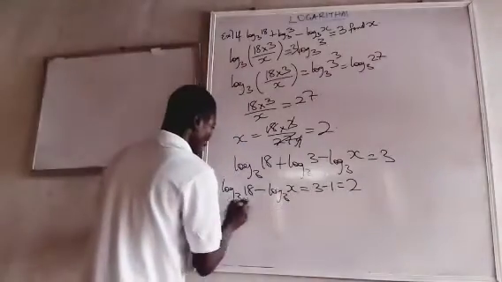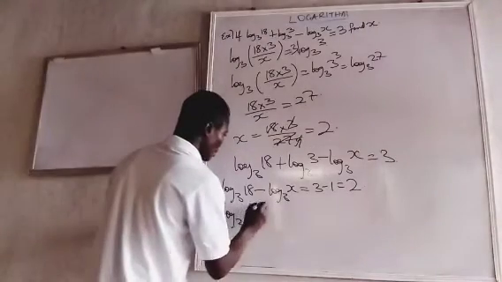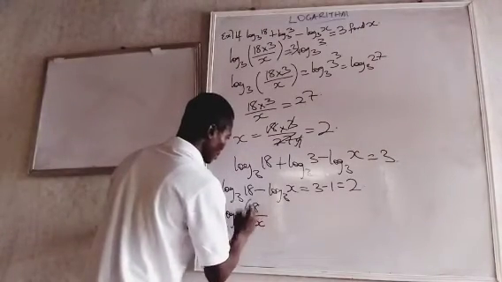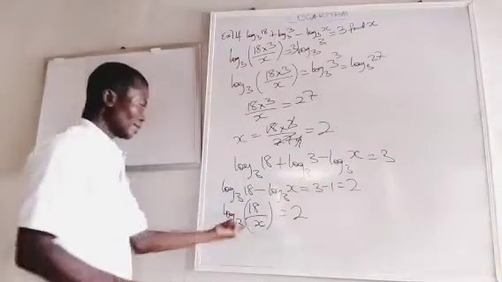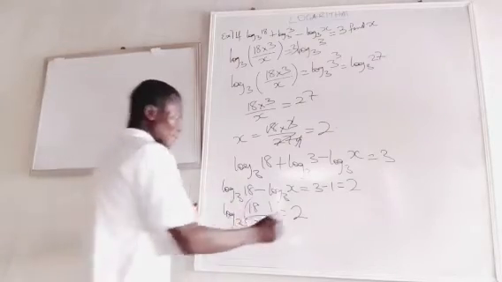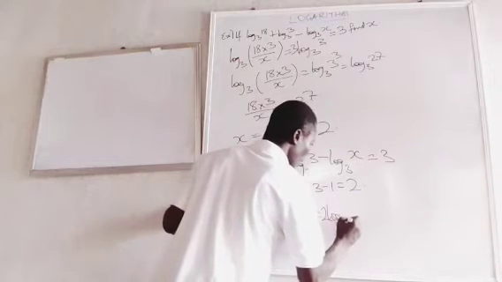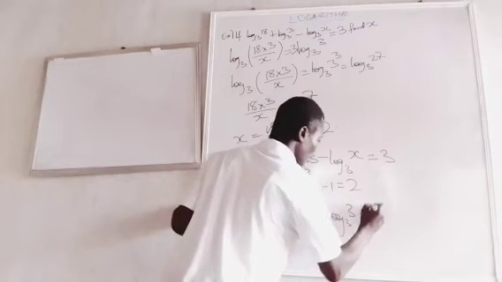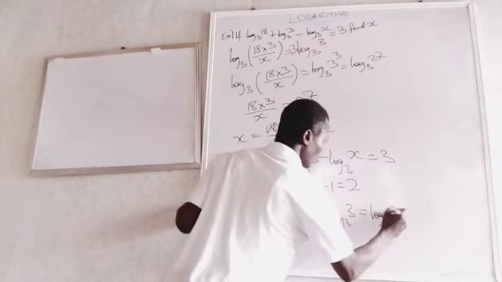Now, I can now say log 3, 18 over x is equal to 2. And I have known that this one is 9 outright, but I might still say 2 log 3, 3, which is equal to log 3, 3 squared.